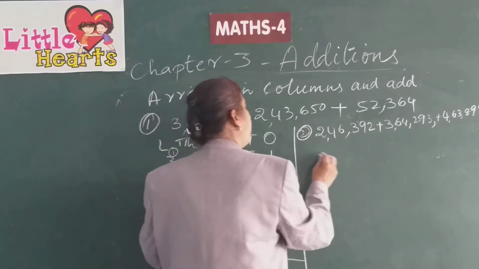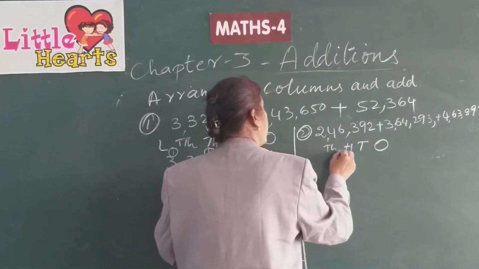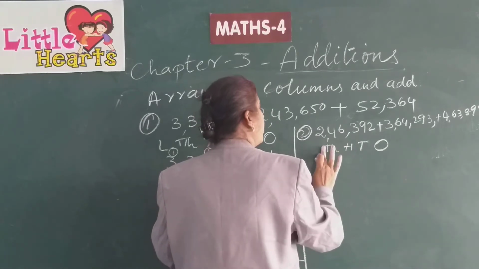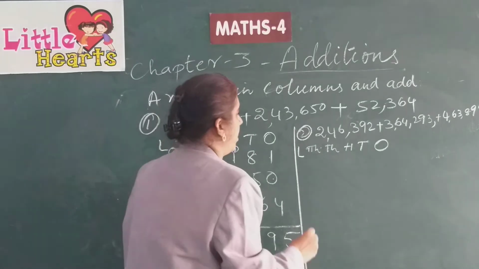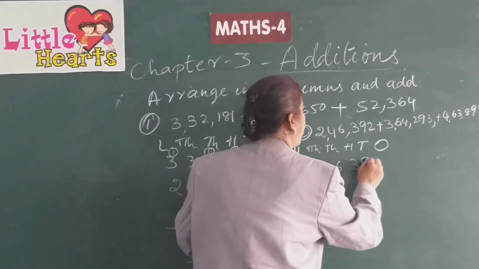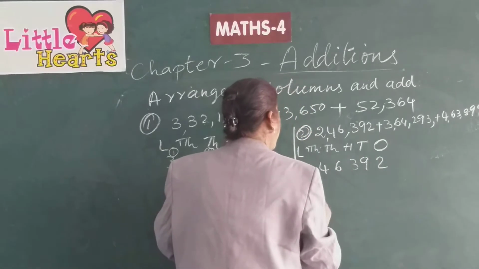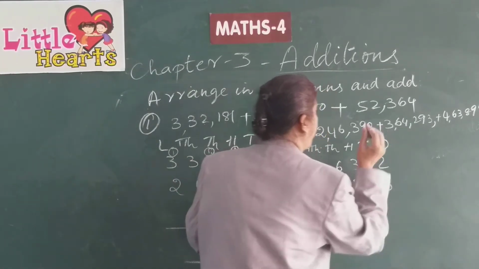Now arrange in columns: thousands, 10,000s, lakhs. 2,46,392. 3,64,293. 4,63,899.